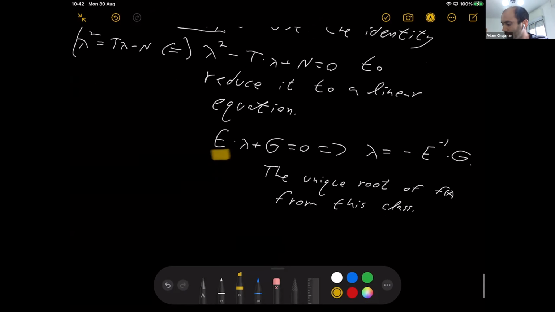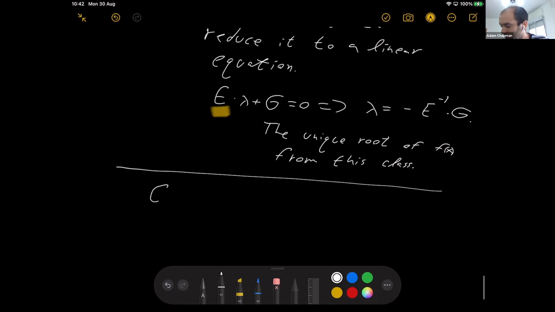Just to give a very simple basic example, well, I'm not going to do all the algorithm. I'll just give the easiest example I can come up with.